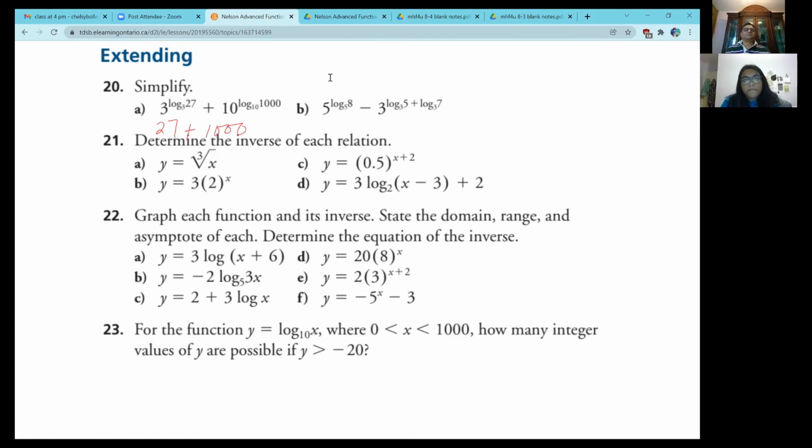Simple, right? 3 to the power of log base 3 of 27 will be 27. 10 to the power of log of 10,000 will be just 10,000. Add them up and you get 10,027.